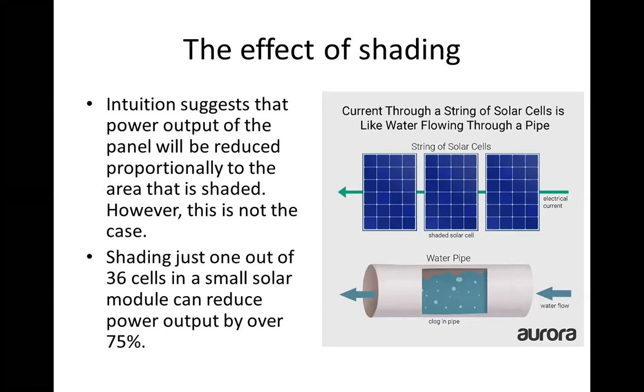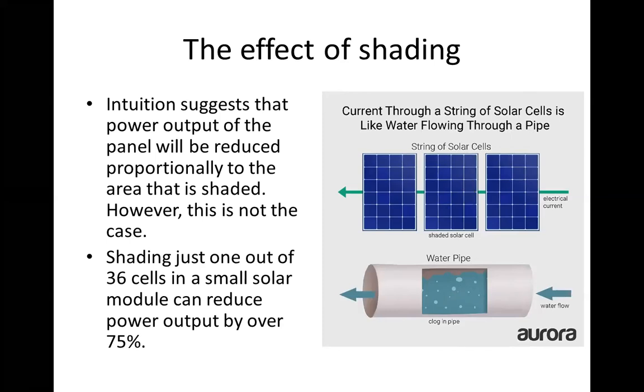To understand this, you can compare your solar cells, which, as we said, are connected in series, to a water pipe. If something stops the water here in the water pipe, this affects the whole water flow. And the same thing happens when one of these cells is covered or shaded.